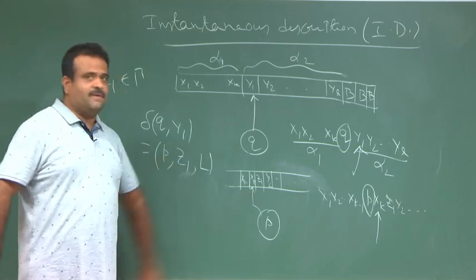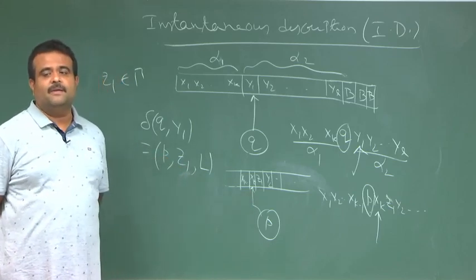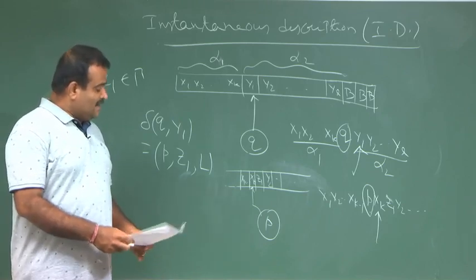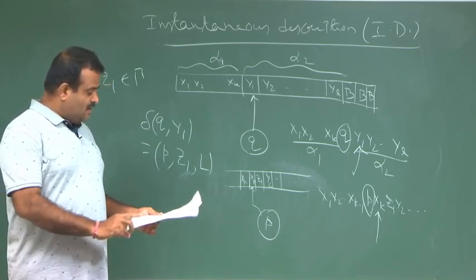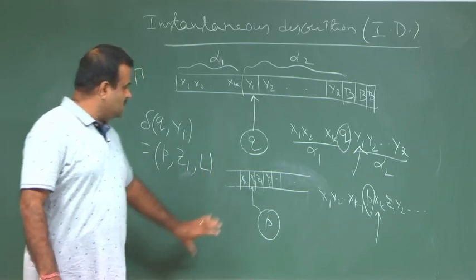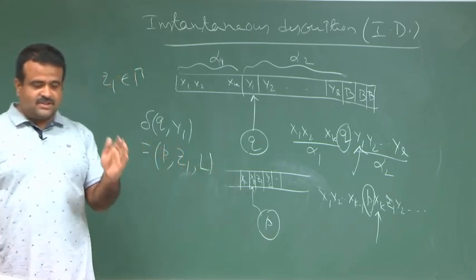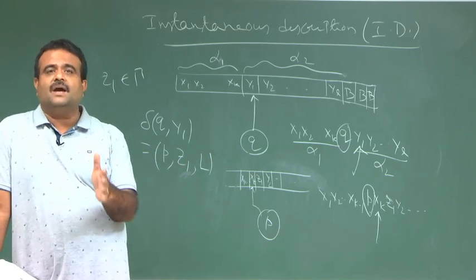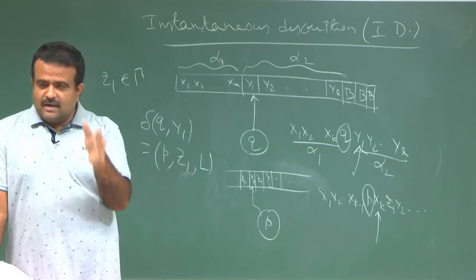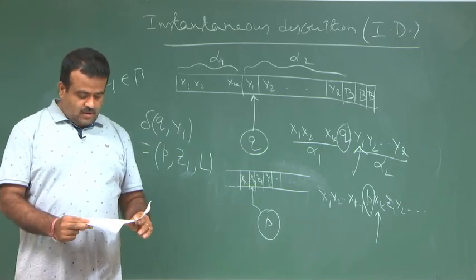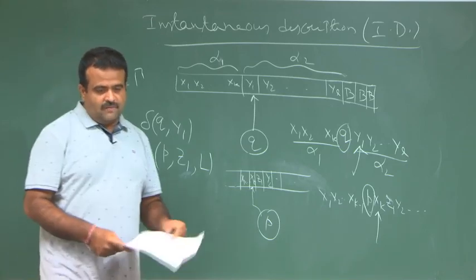So, exactly the tape head is pointing to the x k. That is the idea of this representation. So, we put the state in such a way that after the state symbol, wherever the tape symbol is, we will be pointing to that. Okay. So, this is the way we define this.